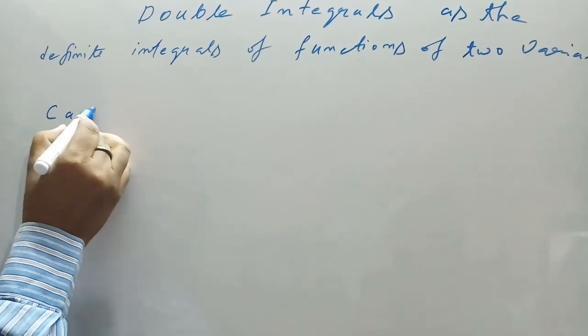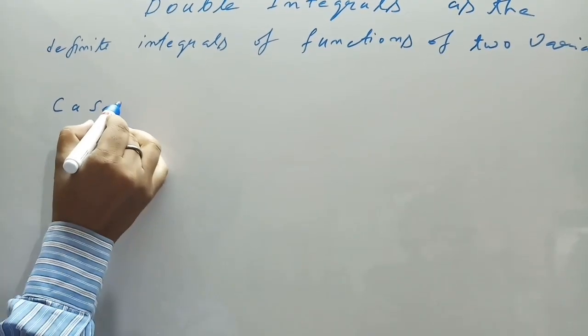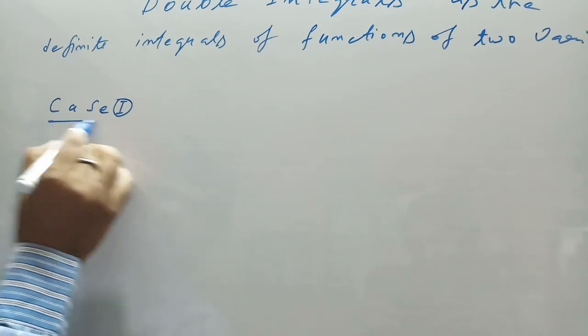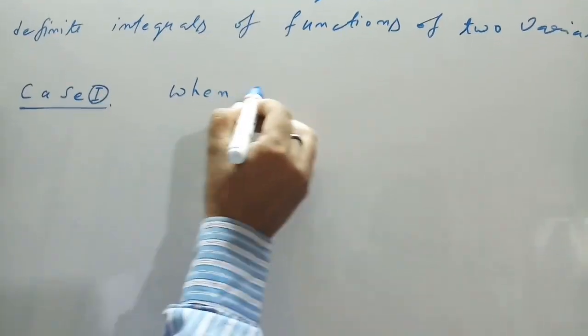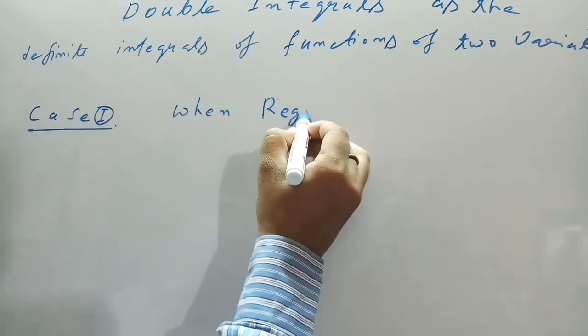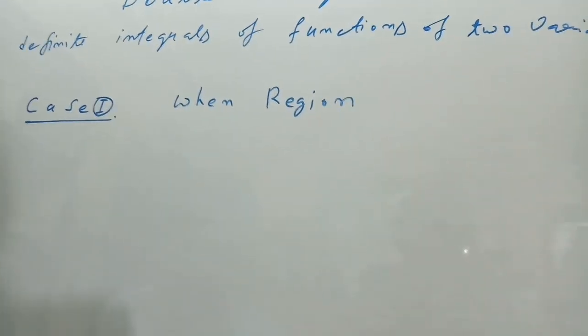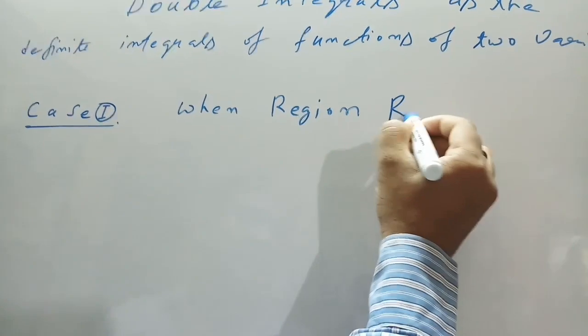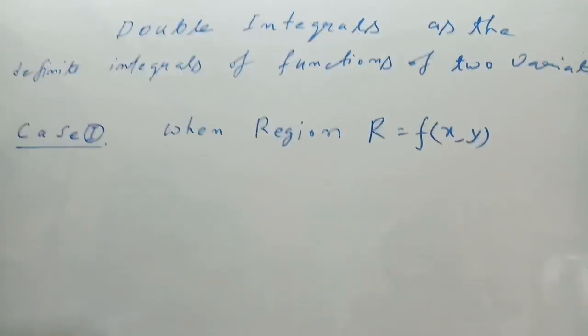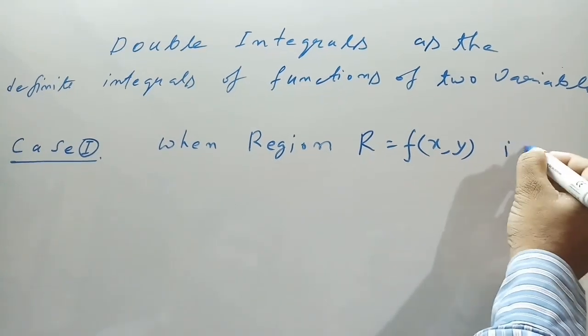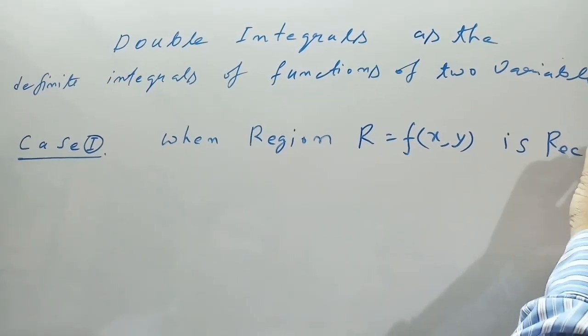Case 1: when the region R of the function of x and y is rectangular.